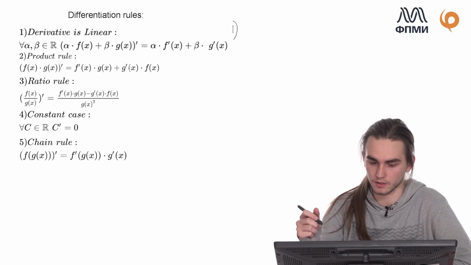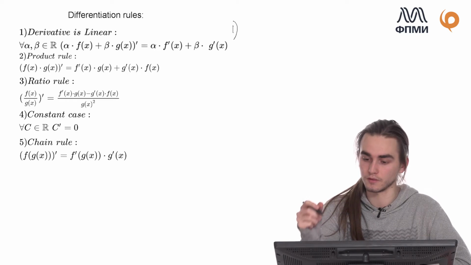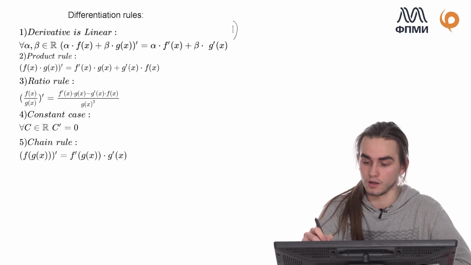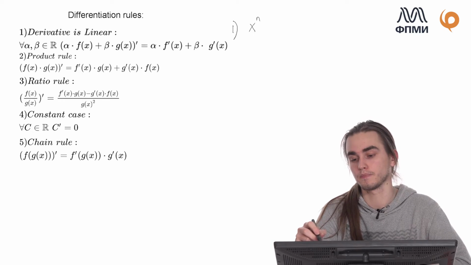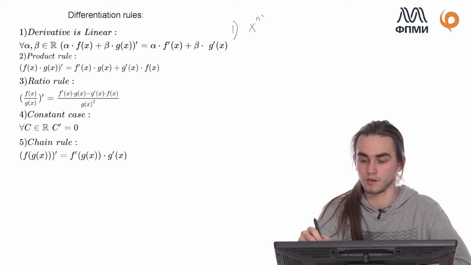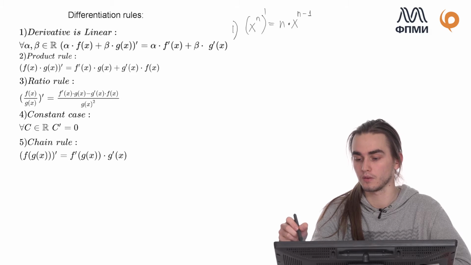So try how many of them you can get. So okay, first of all, x in power n, prime, is n product x in the power of n minus 1.